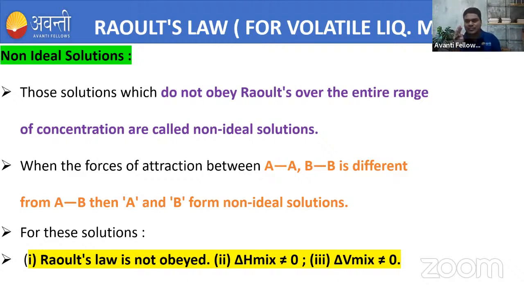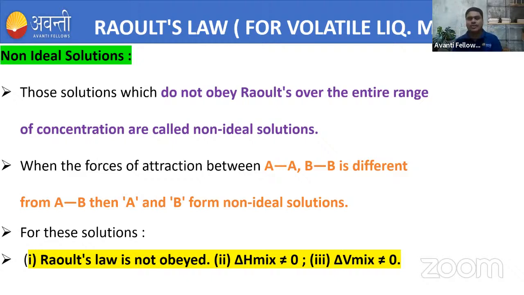The force between the water molecules, that is solvent, the force between the ethanol molecules, that is solute, and the force between ethanol and water, right? So in this non-ideal solution, the force between ethanol and water is not equal to the water-water and ethanol-ethanol forces, right? So they are said to be non-ideal solution. So I hope this is very much clear, right?